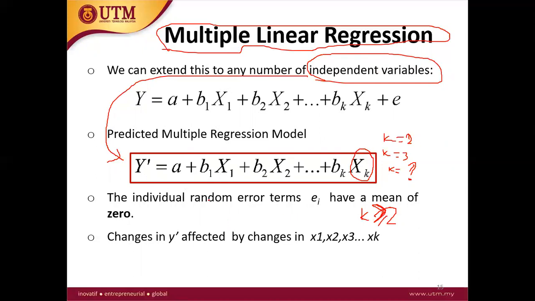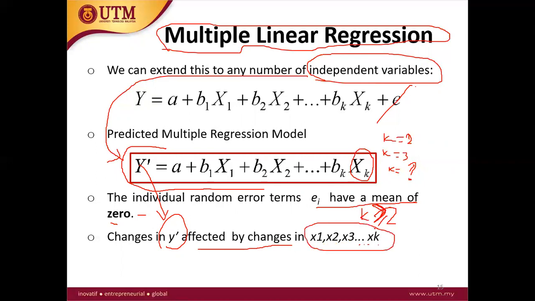Since the individual random error ei has a mean 0, we don't use error in the predicted multiple regression model equation. So we can cut error. We assume that the mean is 0. So changes in Y predicted are affected by changes in X1, X2, X3 to XK, depending on the number of independent variables that we use.